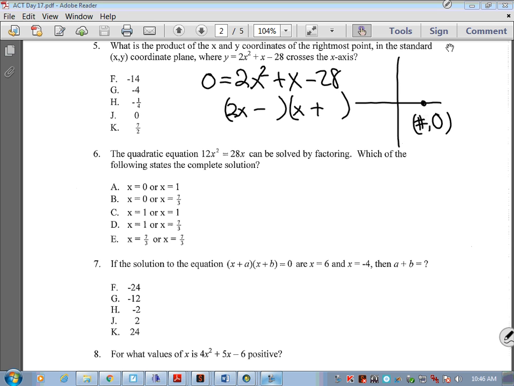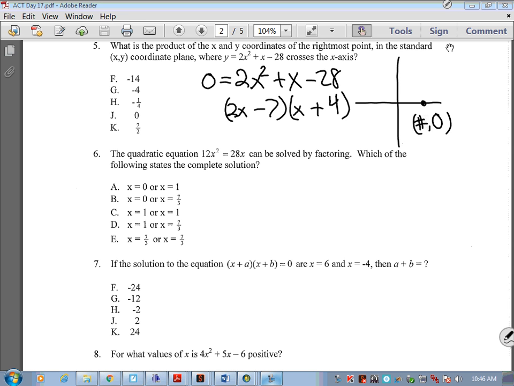Okay, let's see. We need a difference of really just 1. So it looks like maybe 28 divided by 4. Was that 4 and 7? So let's try 4 here and 7 here, because 2x times 4 is going to be 8x, plus -7x is going to give me +1. -7 times 4 is going to be -28.